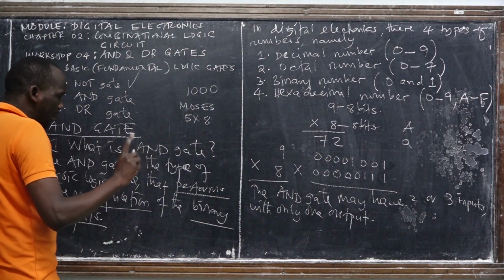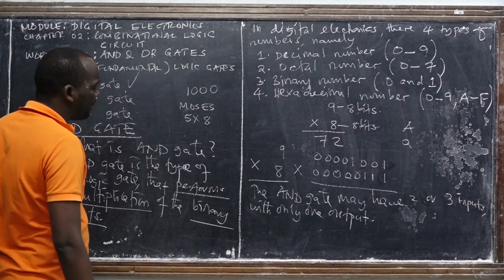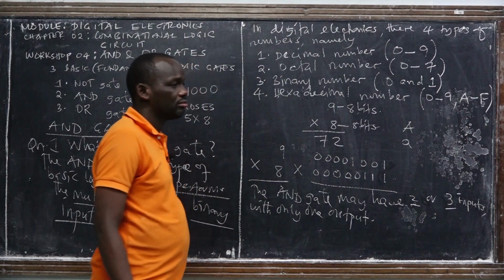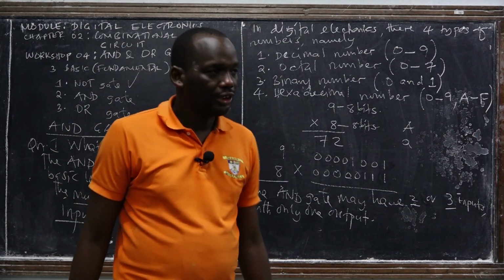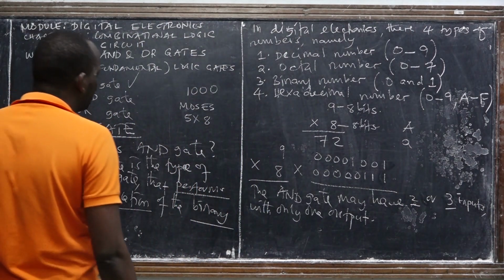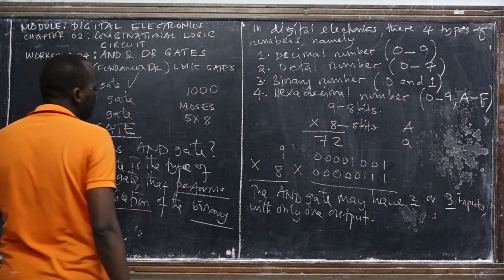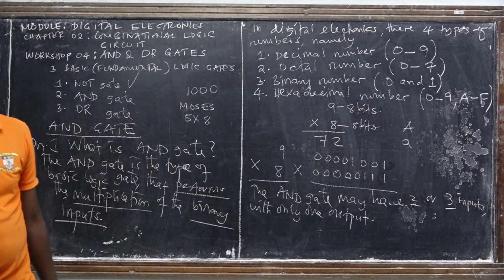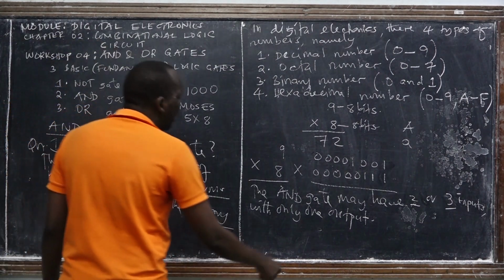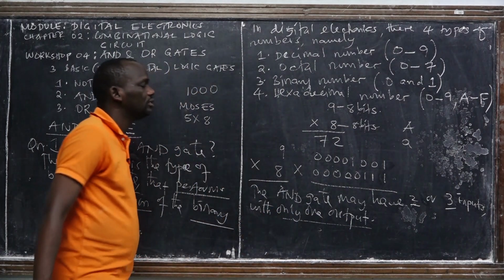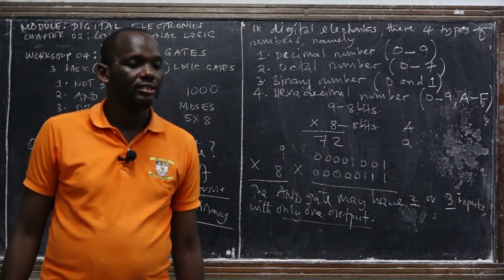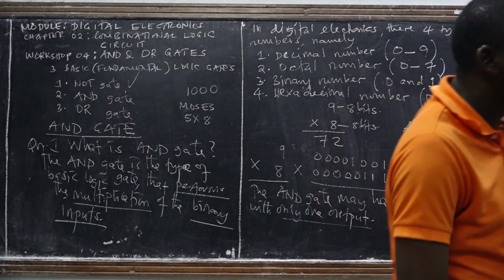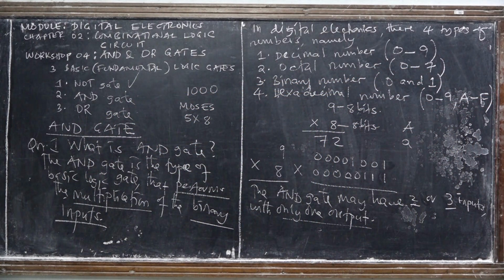Remember that the minimum number of inputs in the AND gate is 2, but you can have a 2-input AND gate or a 3-input AND gate. The minimum number for the output is 1, so we have only one output in the case of the AND gate. For the NOT gate, the input is always 1 and the output is always 1. Bear that in your mind.